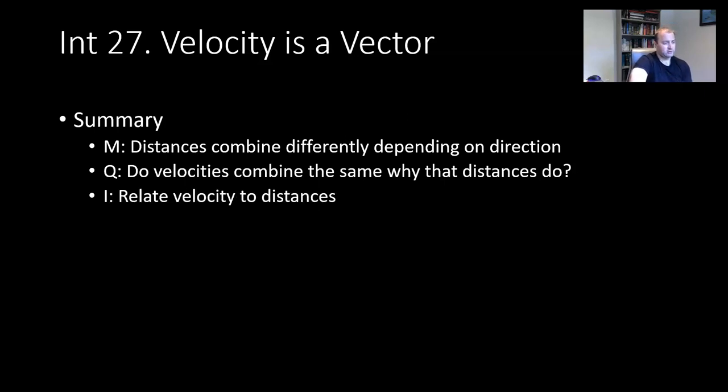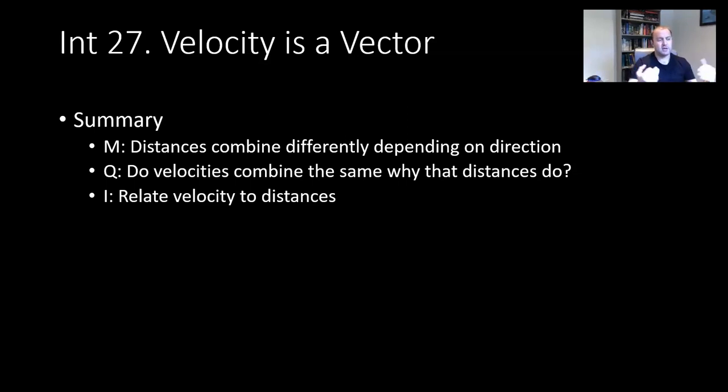Do they combine vectorially? And the basic idea behind the investigation is that fundamentally you can think about velocities in terms of distances. So if you're going off at an angle at a certain velocity, basically that's the same as going horizontal, or we'll say right, at one velocity and then up at another velocity.